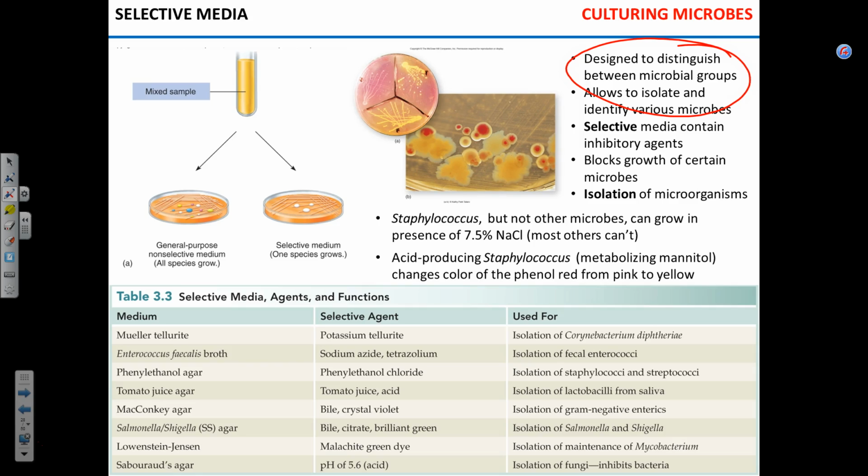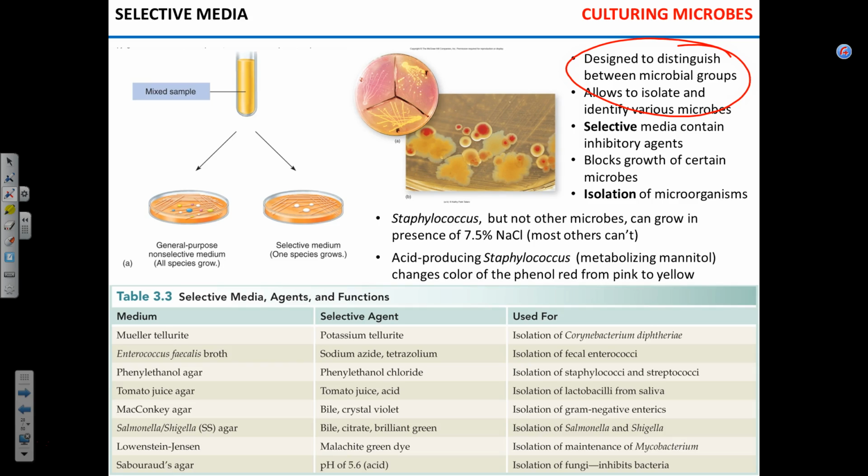So selective, when you say the college admission is selective, what does it mean? So not everybody gets in, right? Yeah. Same goes for media. Not everything gets to grow on it. Media has something that prevents microbe or microbes of a certain type to grow on it.